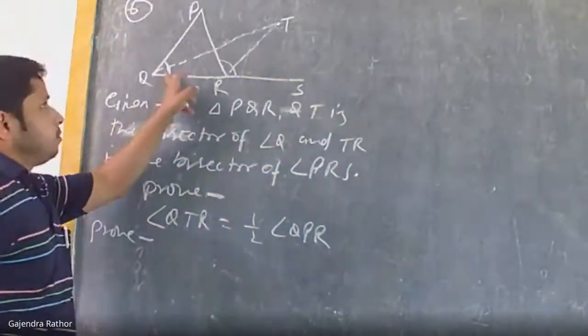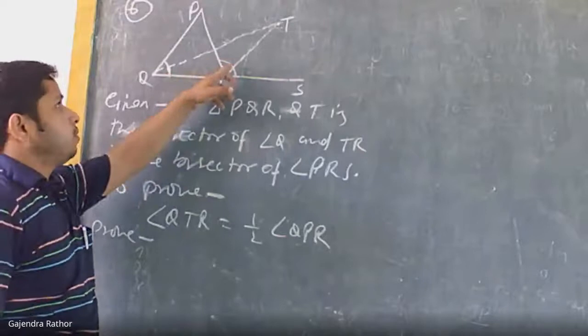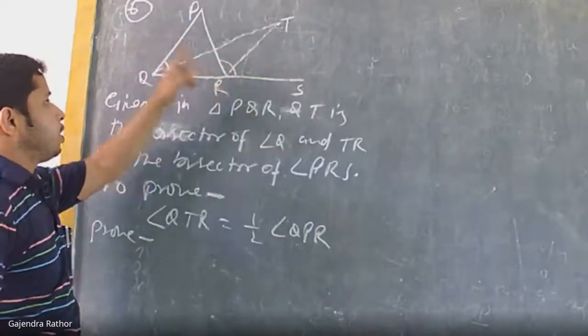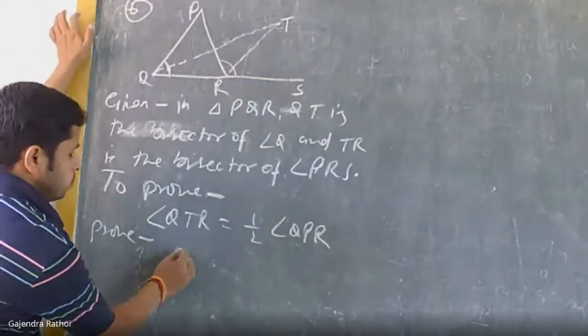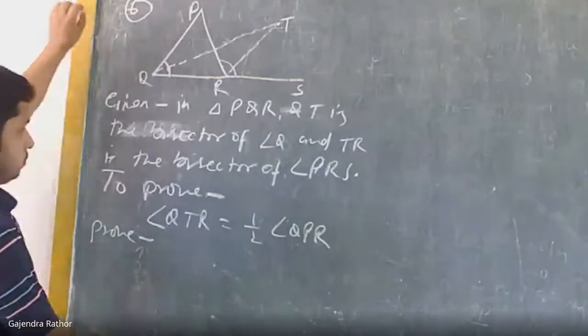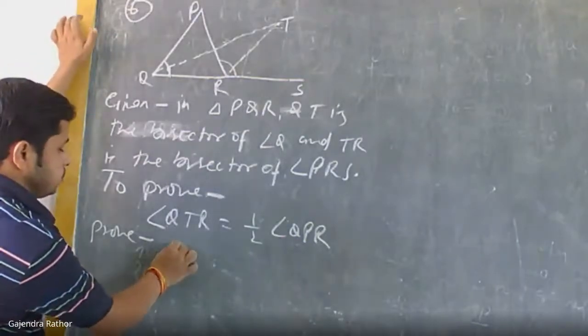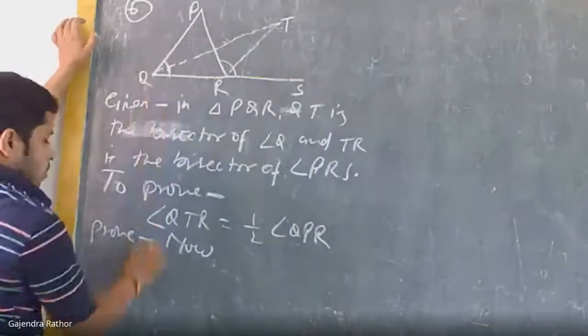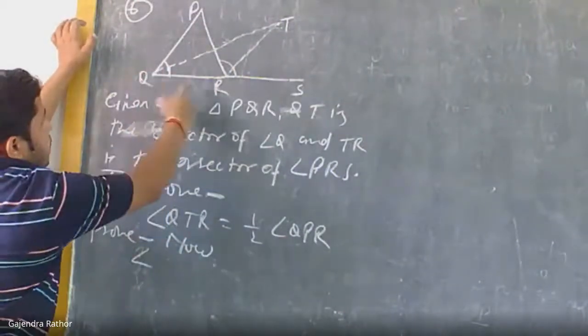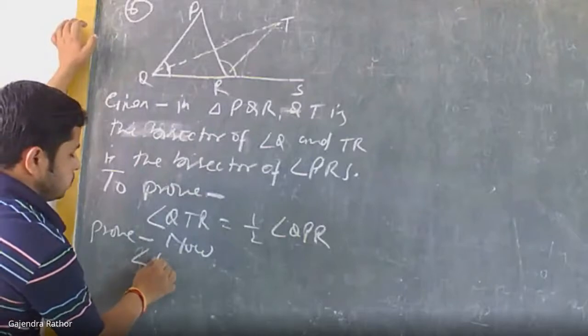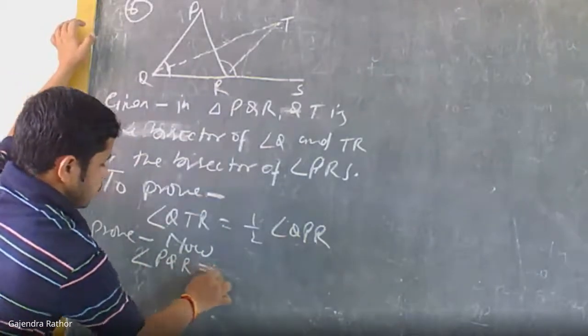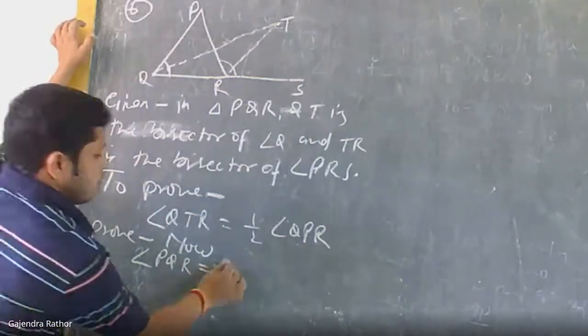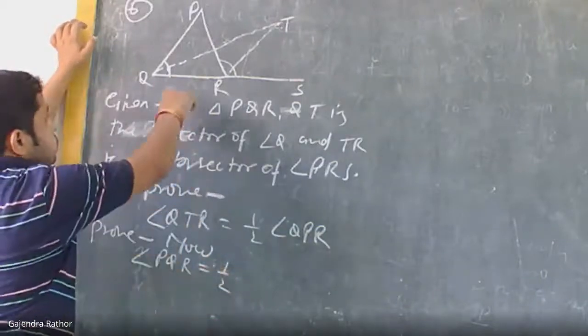First, given that QT is the bisector of angle PQR.